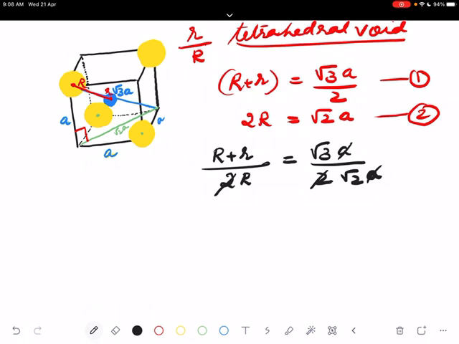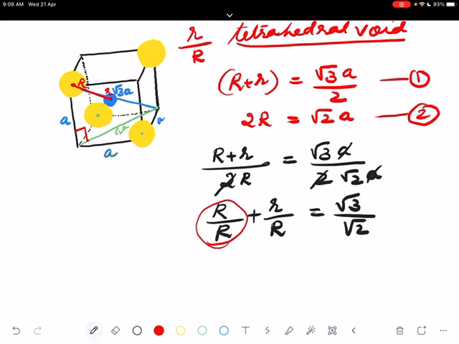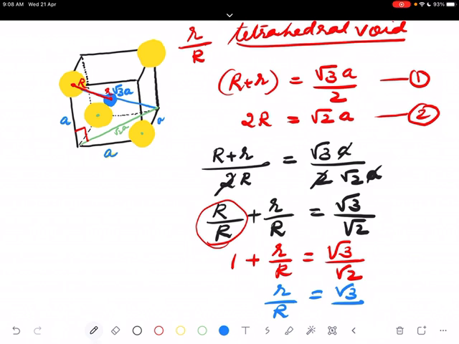Now come to the left hand side, that is R by R plus small r by capital R, I expanded in that way, is equal to root 3 upon root 2. What is R by R? It means 1. 1 plus r by R is equal to root 3 upon root 2. Or r by R is equal to root 3 by root 2 minus 1.